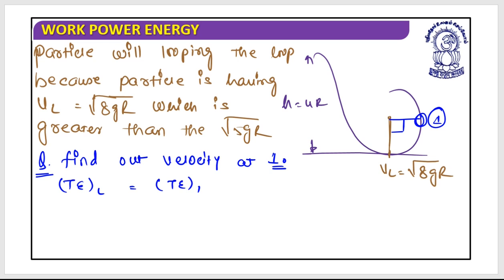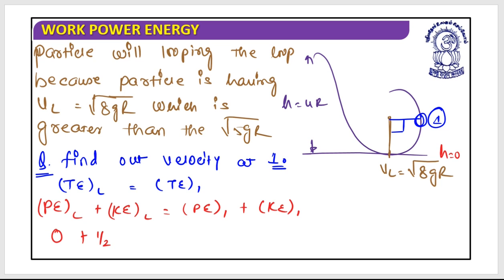That is, potential energy at L plus kinetic energy at L should be equal to potential energy at 1 plus kinetic energy at 1. Potential energy at L is assumed to be 0, plus kinetic energy, half m vL square, which is 8gr. This equals potential energy at 1, where theta is 90 degrees, so mgr, plus the kinetic energy, which is what I'm looking for.